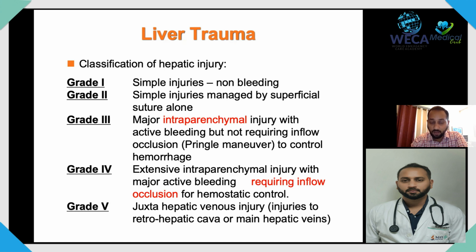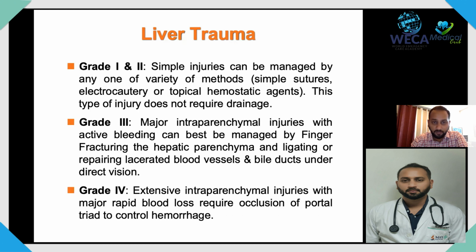However, if such injuries require some inflow occlusion, that is, we do a Pringle maneuver, that injury will become a grade 4 injury. If there are juxtahepatic venous injuries, the vessels around the liver are also damaged, that will become the most serious, and they will be classified as grade 5.